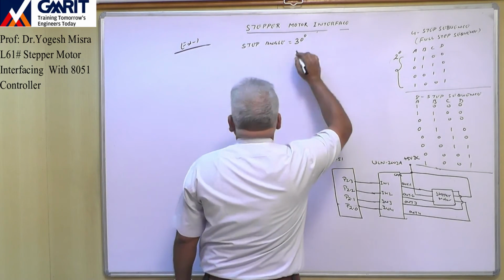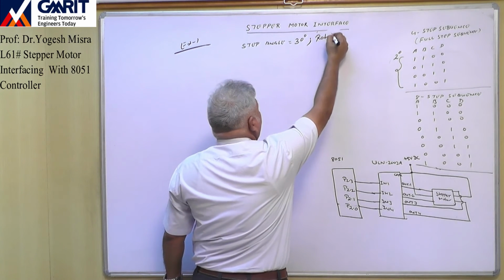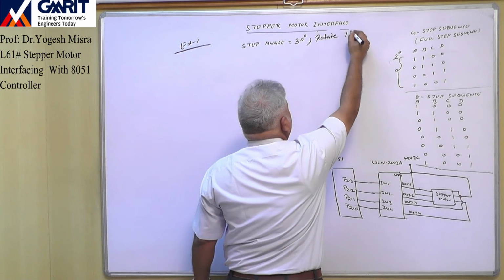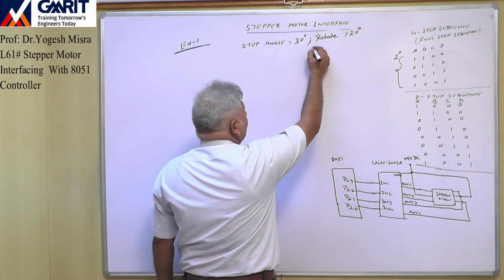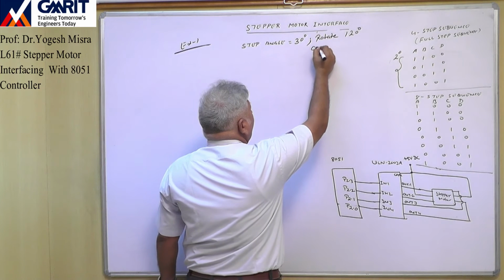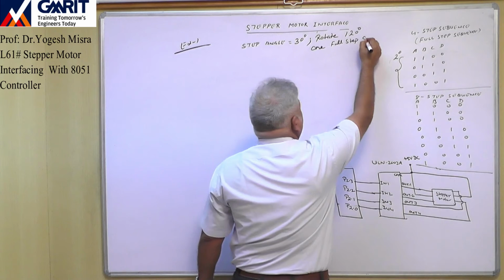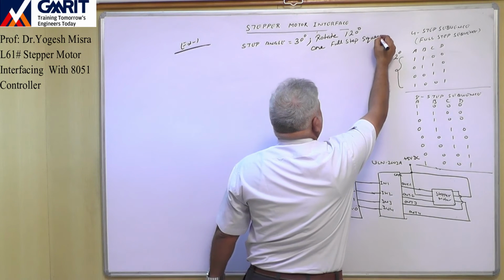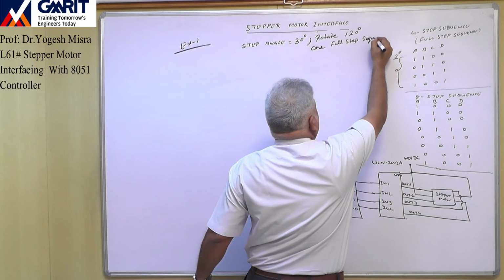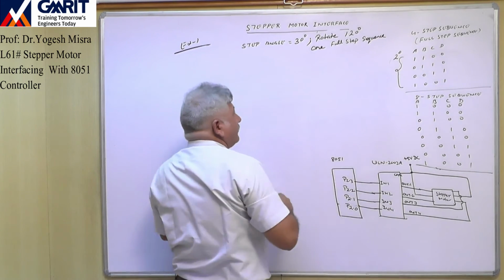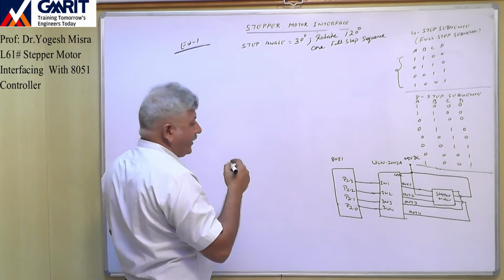So to rotate 120 degree, we will use one full step sequence. Right? This one sequence we use. So we will write the program for this.